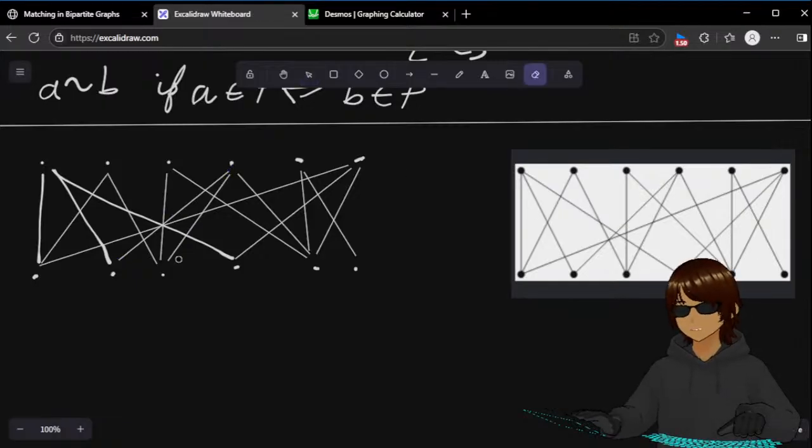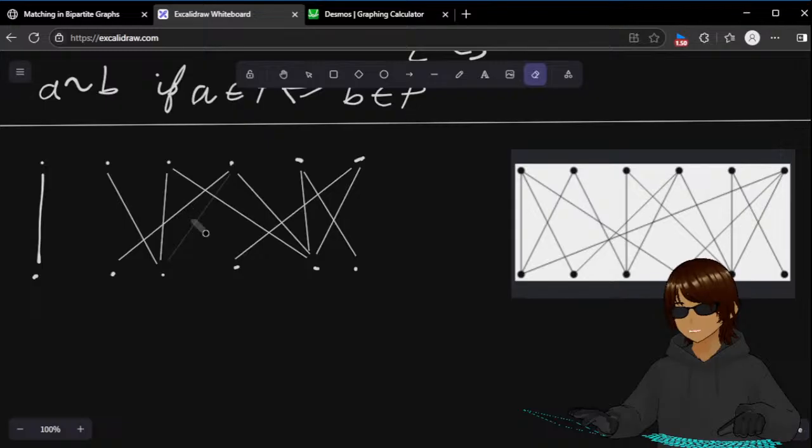Right. So I need to start deleting edges, right? So I can delete this one and this one. And I can delete this one and this one. And this one, this one, this, this.